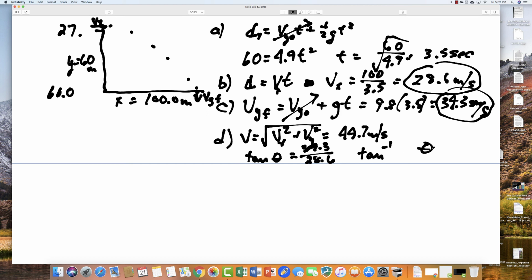So theta is going to equal 50.2 degrees, and it's 50.2 degrees south of east. I'm not going to draw it in here because it's kind of sloppy, but it's going to look something like this, with this angle being 50.2 degrees.